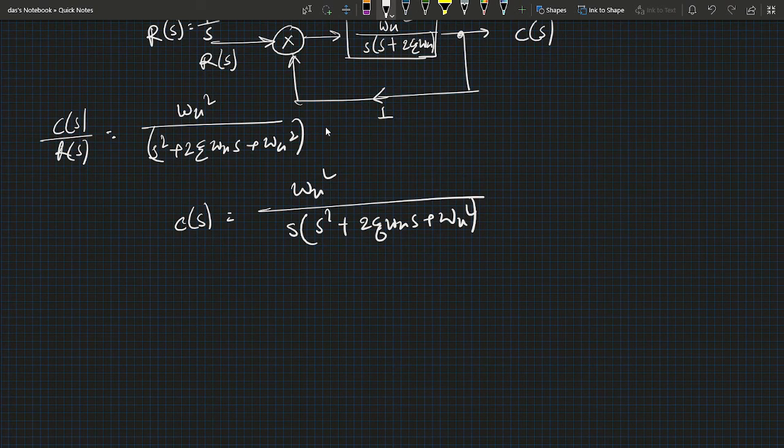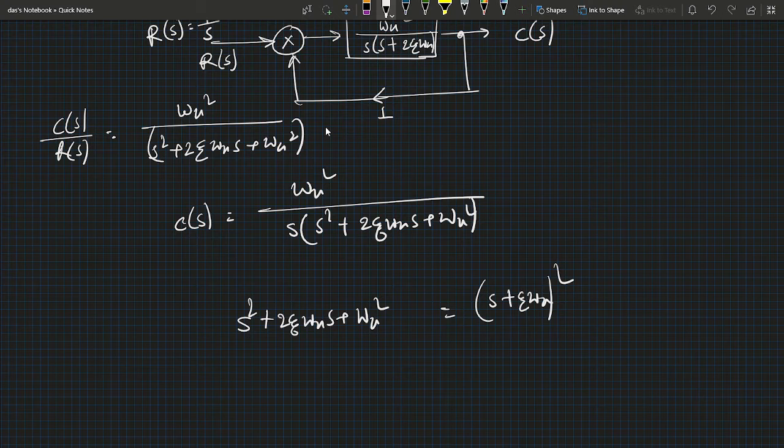Now we see one thing here. This term, s squared plus twice zeta omega n s plus omega n squared, can be represented by the expression s plus zeta omega n whole squared plus omega n squared into 1 minus zeta squared.